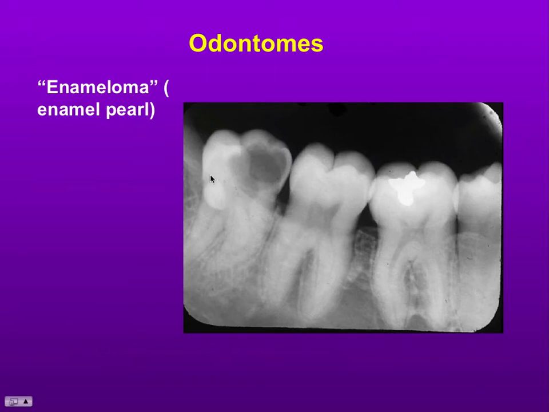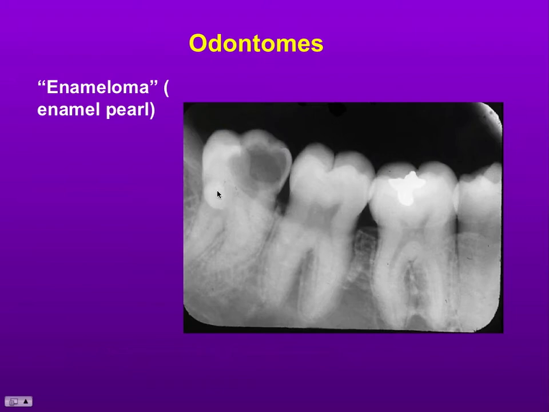But we're in the root of the tooth here, we're below the amelocemental junction. This little accessory crown almost has grown from the side of the root. It's shaped in a sort of spherical shape, hence the name enamel pearl.